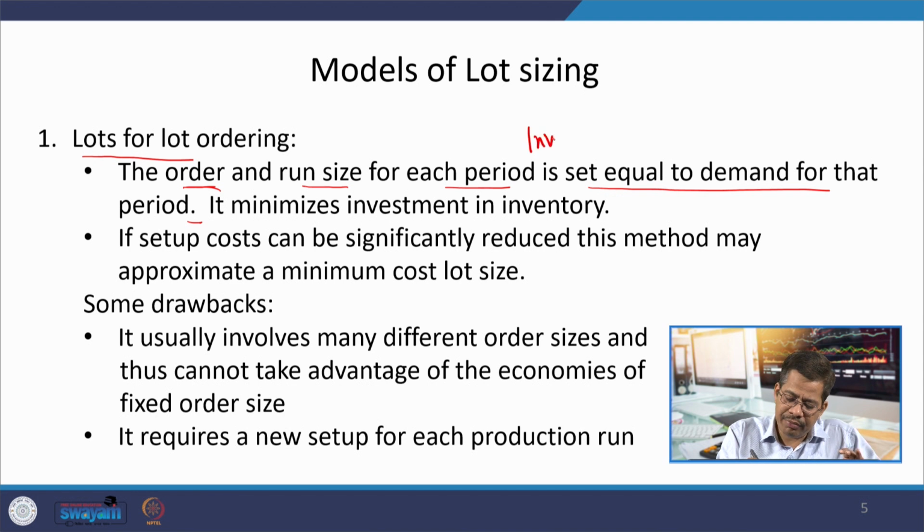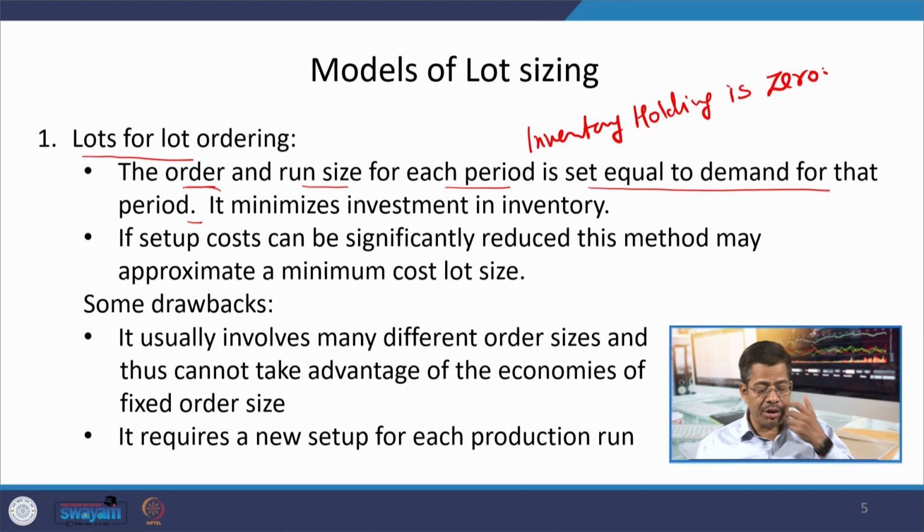Inventory holding is 0. So, one important use case for lot for lot ordering is for those items, components, and sub assemblies which are very expensive to hold, where the holding cost is very high because of the precious nature of those components. It is advisable to go for lot for lot ordering.